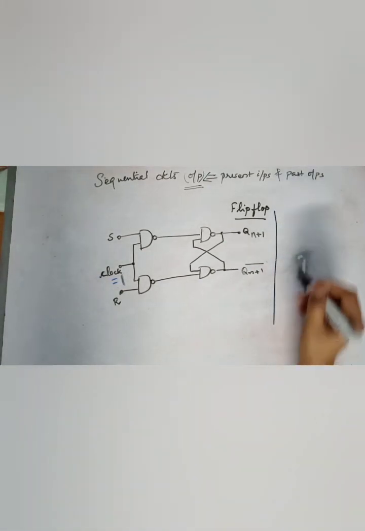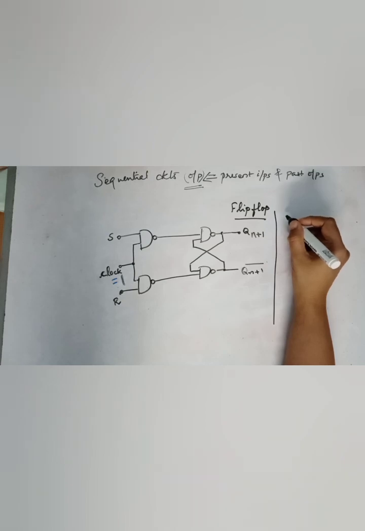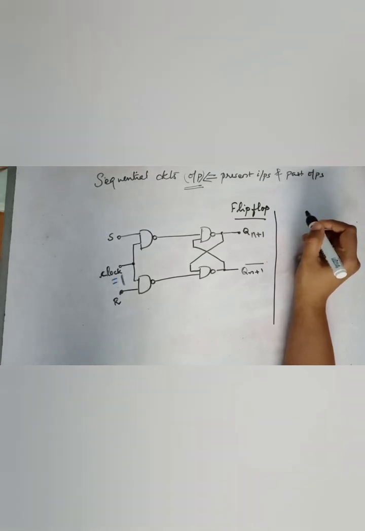So clock is equal to 1 is what I am doing. I am applying a 1 there. Now what I am going to do is find out a truth table for this particular circuit.